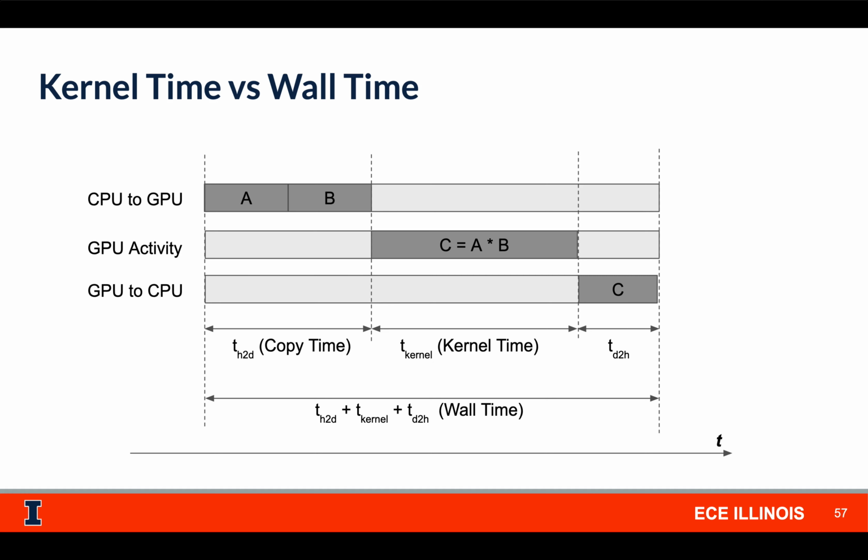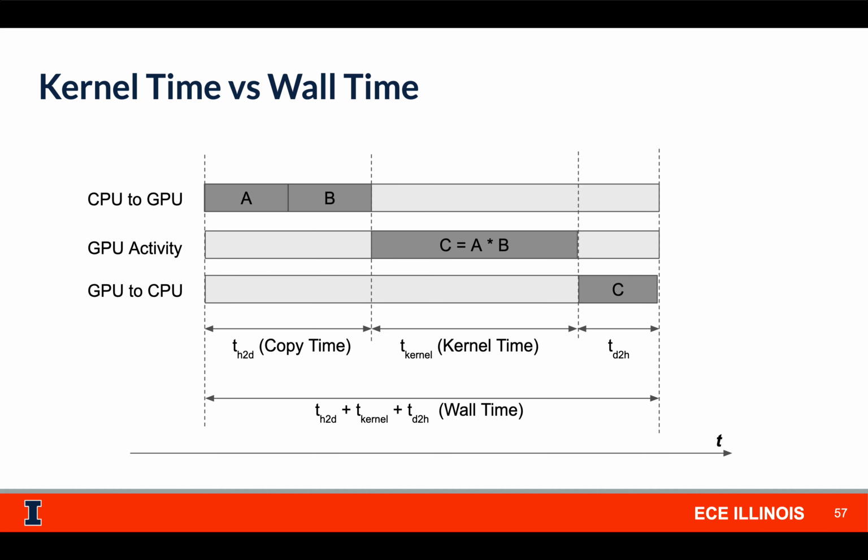What we're going to look at first before we look at it in Nsight is a graphic of the timeline that's going from left to right. I've shown three different kinds of activities here. We'll have one transfer activity that's CPU to GPU. First we'll transfer the A and B matrices to the GPU from the CPU. Then we'll launch our kernel, which computes the product matrix C. And then we'll transfer that product matrix back to the CPU.